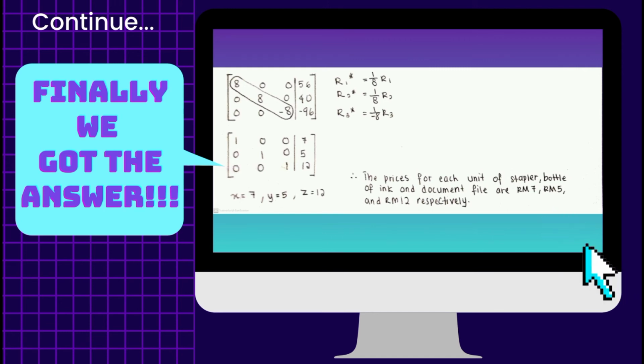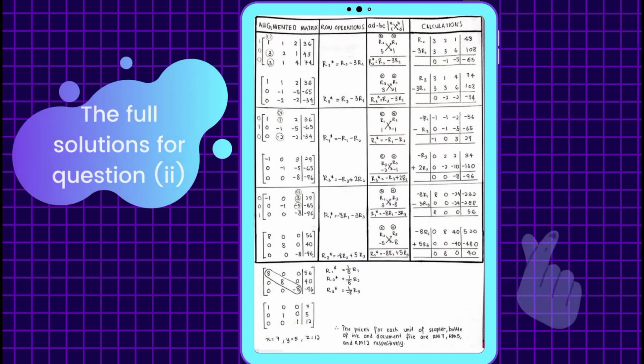Lastly, for row 3, 1/-8 times row 3, then we get 1 for the diagonal entry and 12 on the right side. Then we get the values x equal to 7, y equal to 5, and z equal to 12. Therefore, the price for each unit of stapler, bottle of ink, and document file are RM7, RM5, and RM12, respectively.